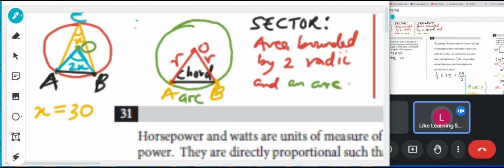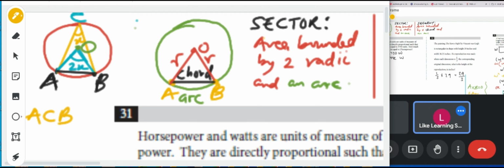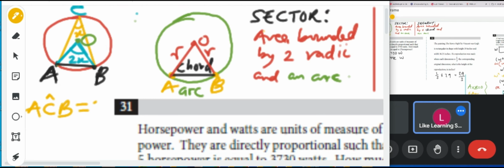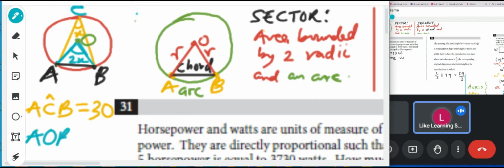You know how to name angles? We call it BCA or ACB. So if angle ACB is 30, what is angle AOB? AOB will be 60, which is double of it.